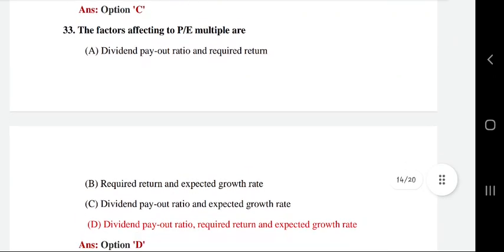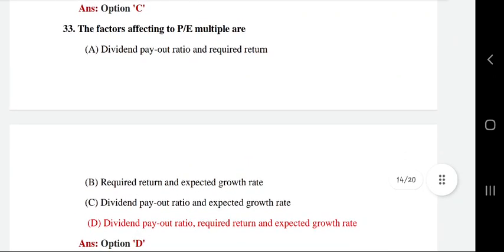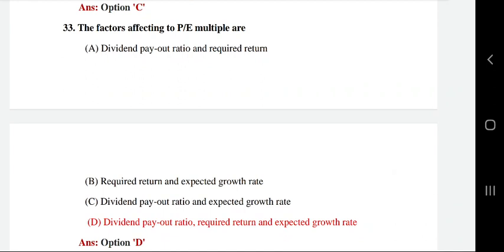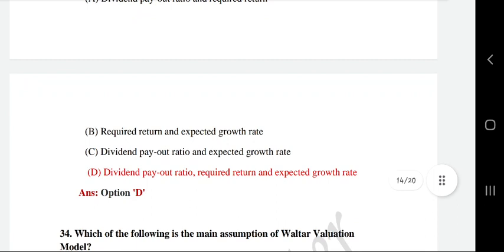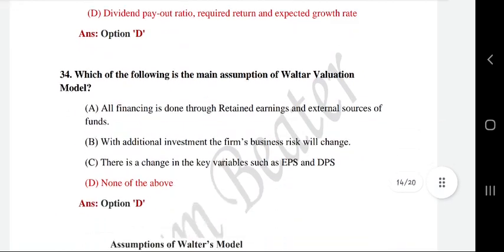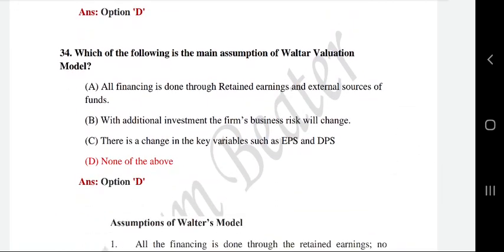The factors affecting P by E, price earning ratio multiples are dividend payout ratio, required rate of return and expected growth rate. Which of the following is the main assumption of Walter valuation model? Answer is option D, none of the above.